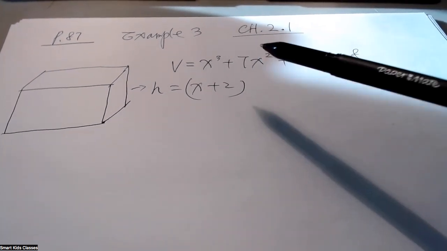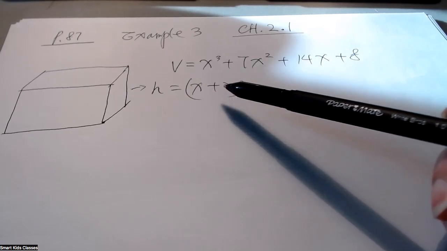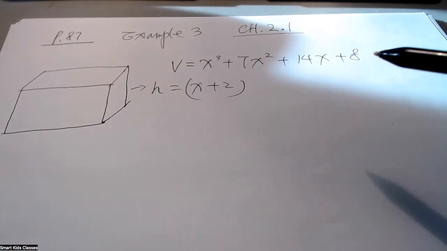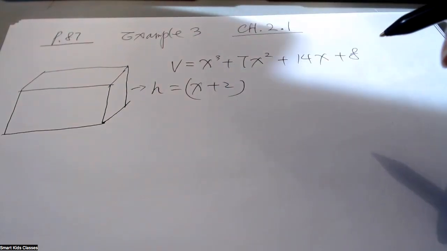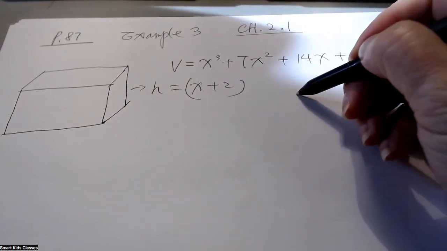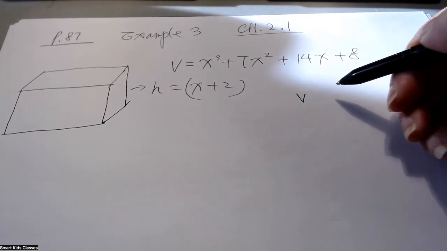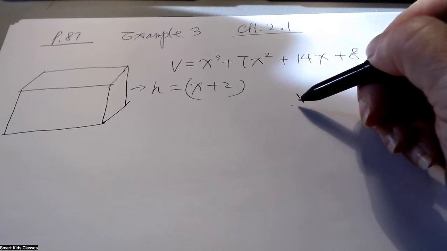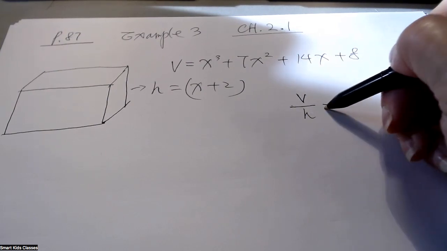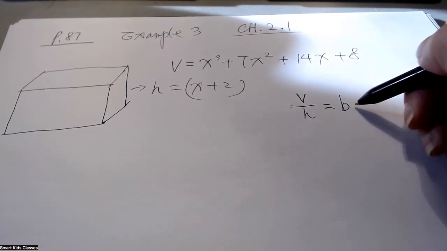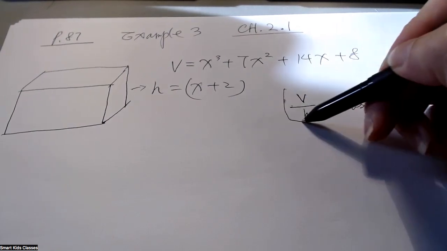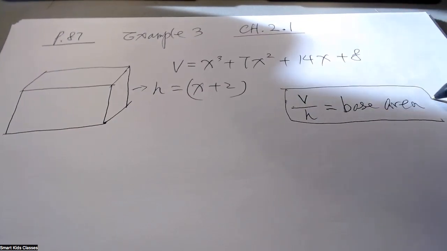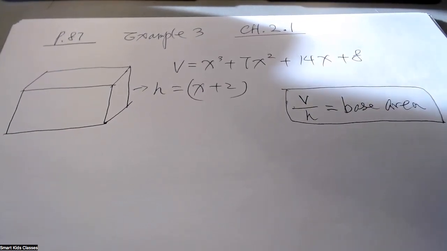We take the volume divided by the height and we get the base area. That's the formula: V divided by H is equal to the base area. So this is the equation we are looking for.